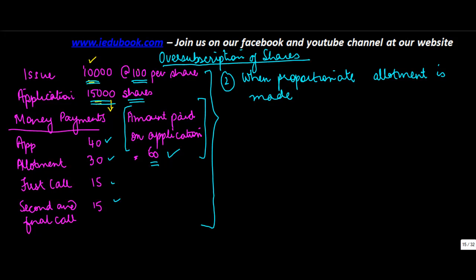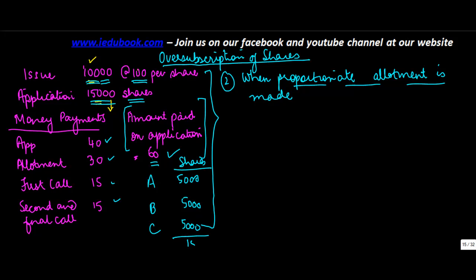Instead of this, just to make it a bit easy, let's say you had A, B, C. Each one of them applied for 5,000 shares. Okay. Now, because the total number of shares was 10,000, a proportionate allotment was done.